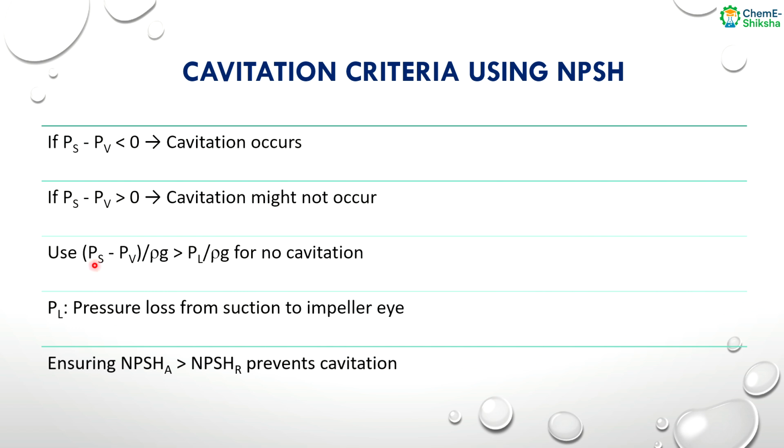So if Ps minus Pv is greater than PL, or in head terms, if (Ps minus Pv) by rho g is greater than PL by rho g, then for sure we can tell there will not be any problem of cavitation. That means the NPSH available is greater than the NPSH required. So if NPSH available is greater than NPSH required, it will prevent cavitation. That means cavitation will not occur.